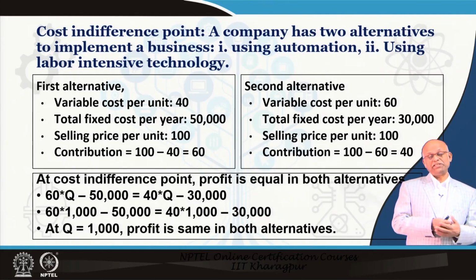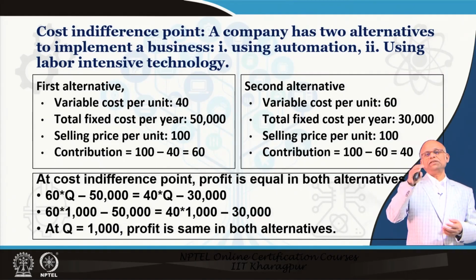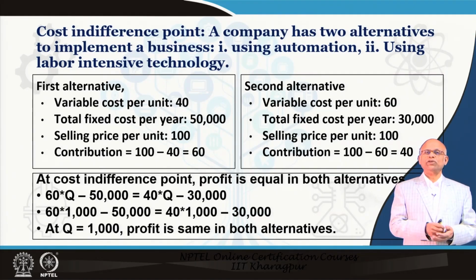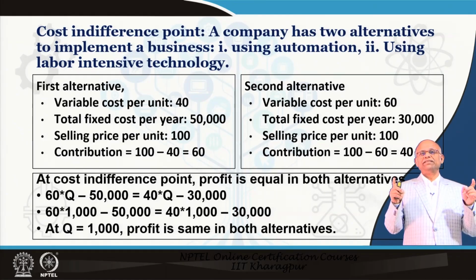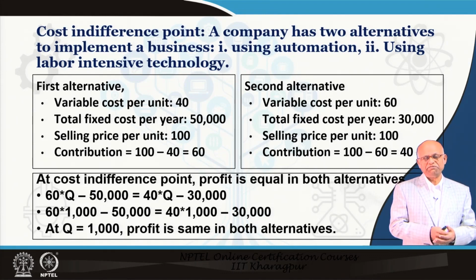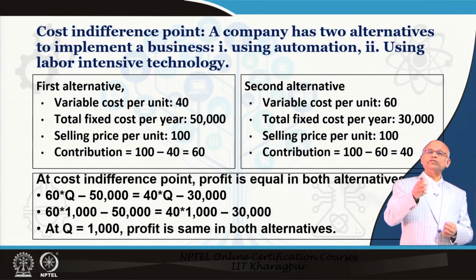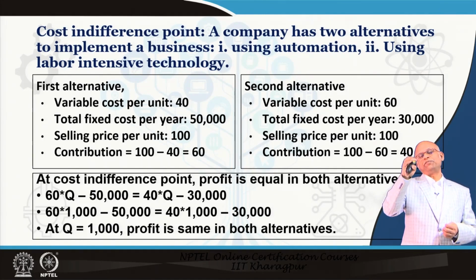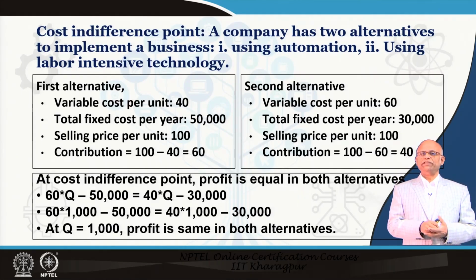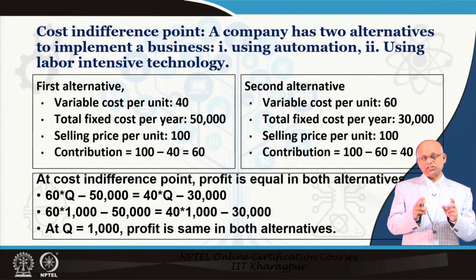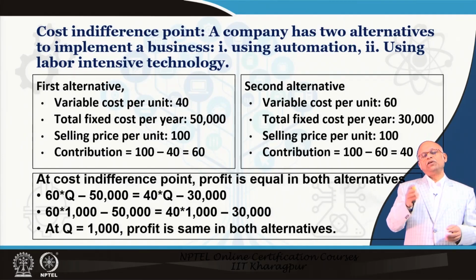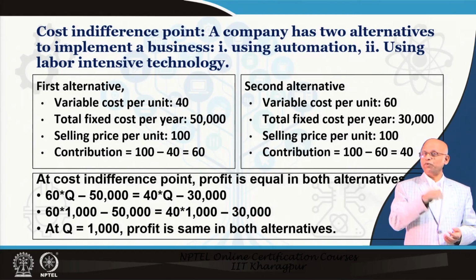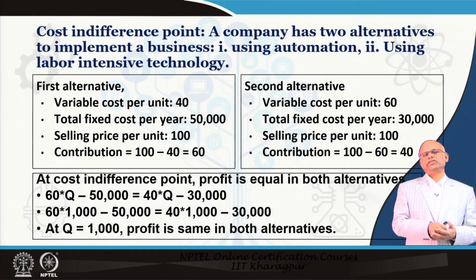At the cost indifference point, their profit should be the same. How to estimate the profit? Profit is nothing but total sales minus total cost. Now, how many units are we selling? Say Q units, because we want to identify the number of units to be sold to achieve the cost indifference point, where the profit does not depend on the cost structure.